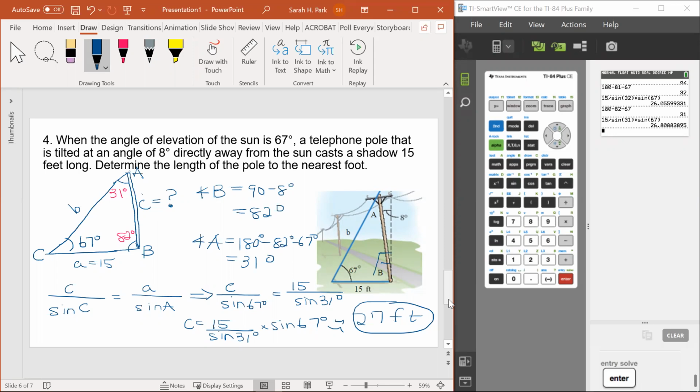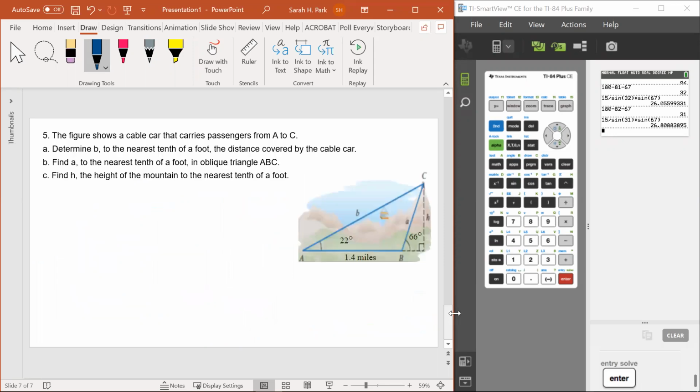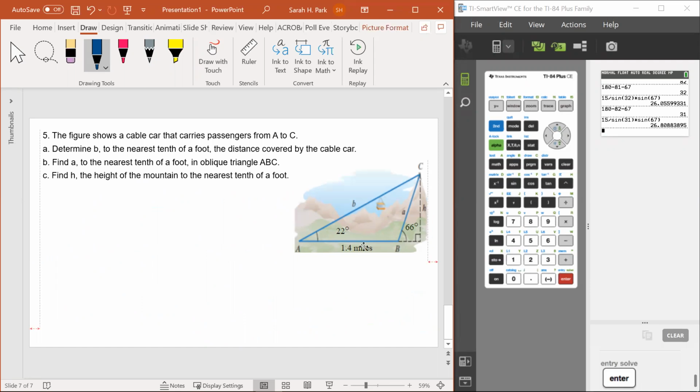Okay, so number 5, which is the last problem, which is one of my favorite problems from this section. It says determine the figure. Let's actually move this up a bit to save space.